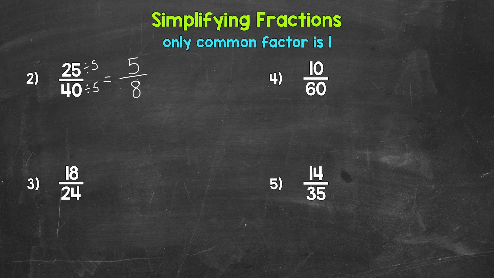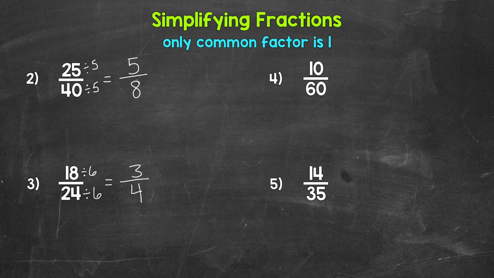So let's use that greatest common factor of 6 and divide both 18 and 24 by 6. 18 divided by 6 gives us 3, and 24 divided by 6 gives us 4. So we end up with 3/4.